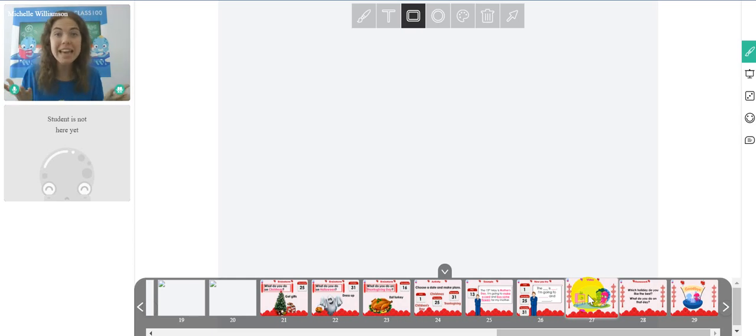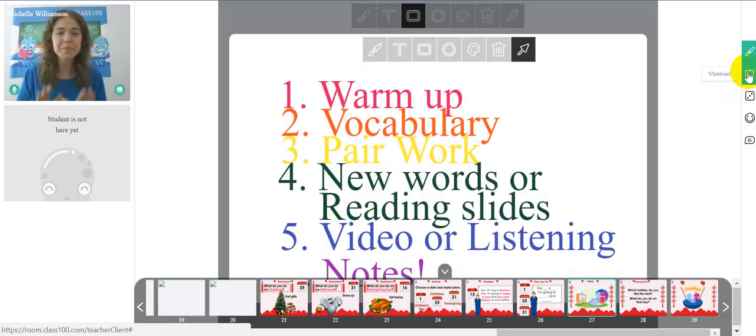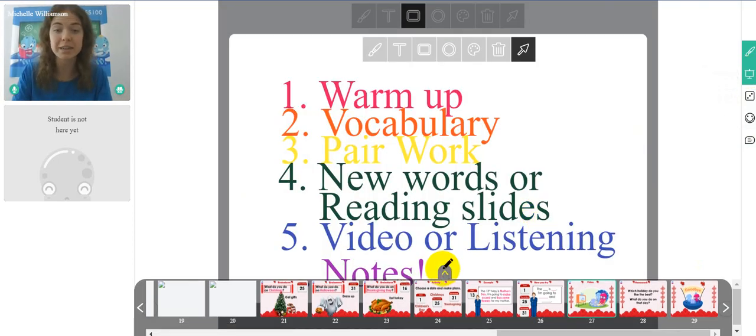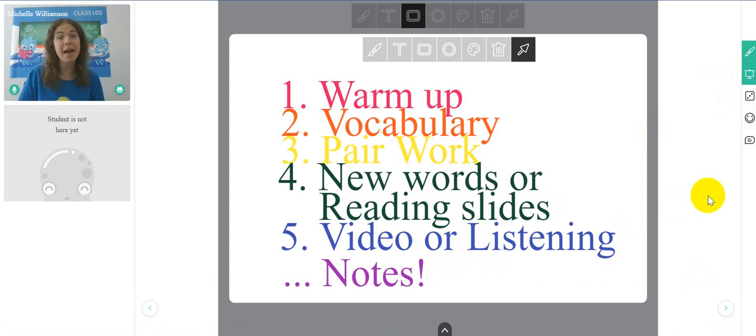So I hope that's helpful for you. And just to remind you, you can keep it very simple by thinking about these 5 parts of your lesson. Make your notes, have your ideas prepared before you start teaching. Thanks so much.